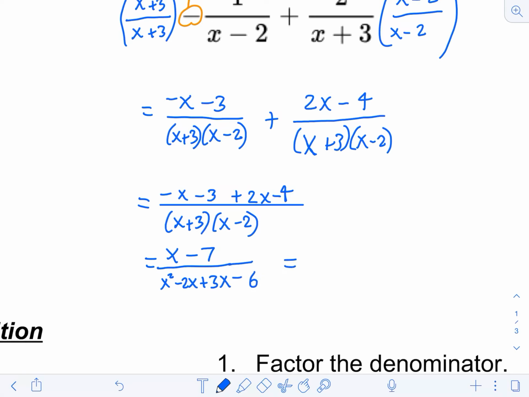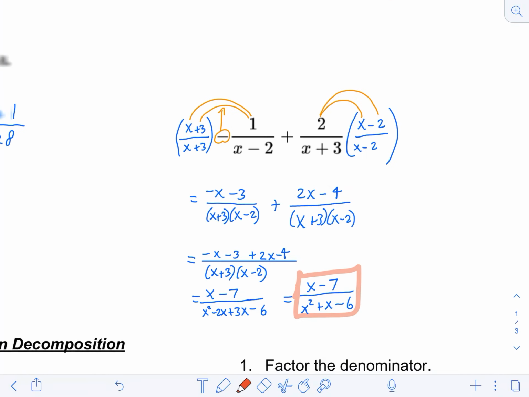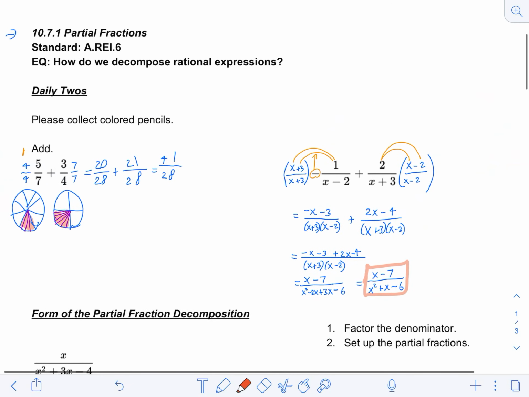The bottom has some like terms in it. We can simplify those, and we end up with x squared plus x minus 6. And that is our final answer. Yay! So when adding fractions, we want to get a common denominator and combine them.